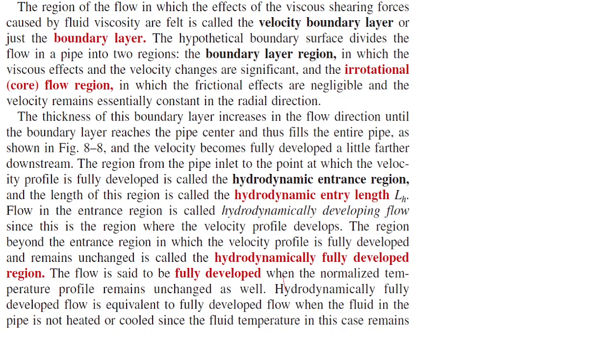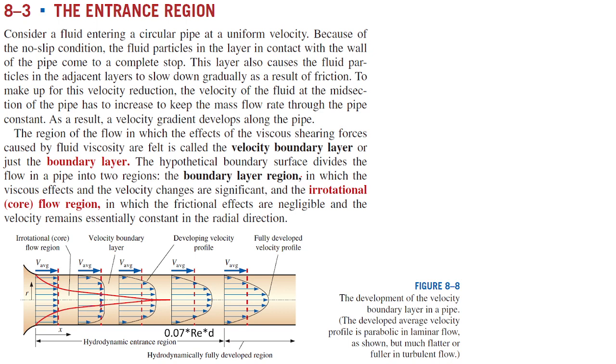If I draw here, it will be a similar kind of thing. These are all equal, so after that it is not changing. But here, if you see, it is like that. Here it is straight.